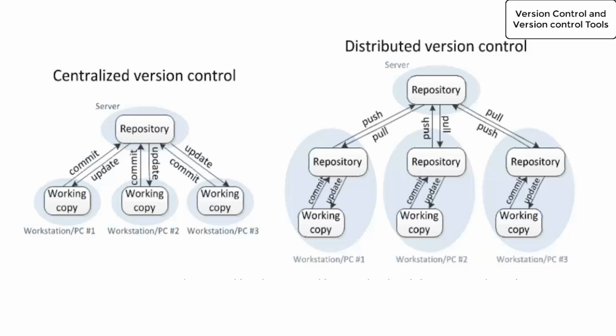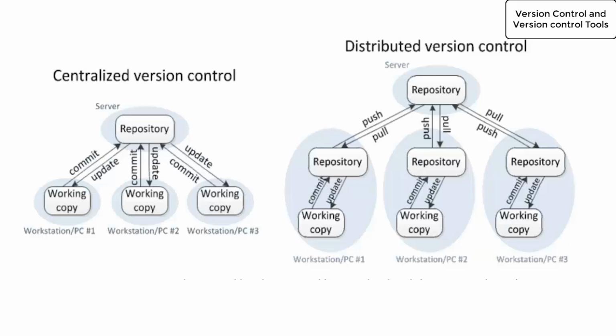We'll have a centralized repository where the code will be present, and the developers will have a working copy on their system which they will update and commit to the repository, so that the changes will be updated in the centralized repository with a version number, so that if something goes wrong, we can go back.